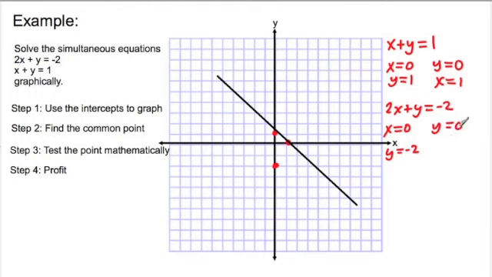Then if y equals 0, I'm left with 2x equals negative 2. So solving for x, I get x equals negative 1. So that's about right here. I'm going to take another line and connect those 2 points.